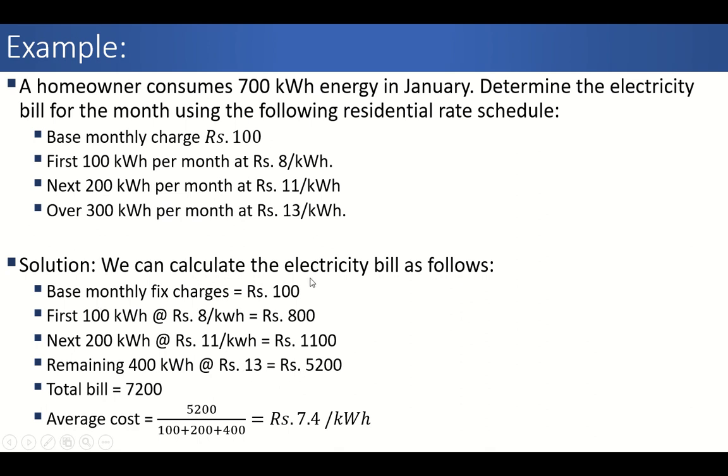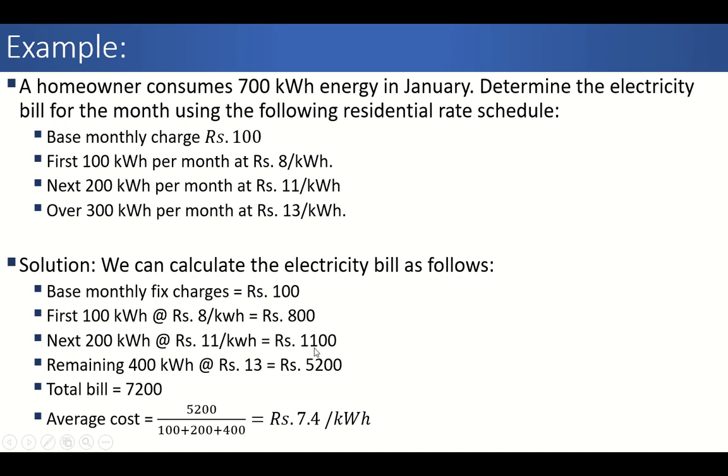So we can calculate the electricity bill as follows. Base monthly fixed charges are rupees 100. First 100 kilowatt hour at rupees 8 per unit. So for the first 100 units, the cost will be 8 multiplied by 100, that is 800. Next 200 kilowatt hour at rupees 11 per kilowatt hour.